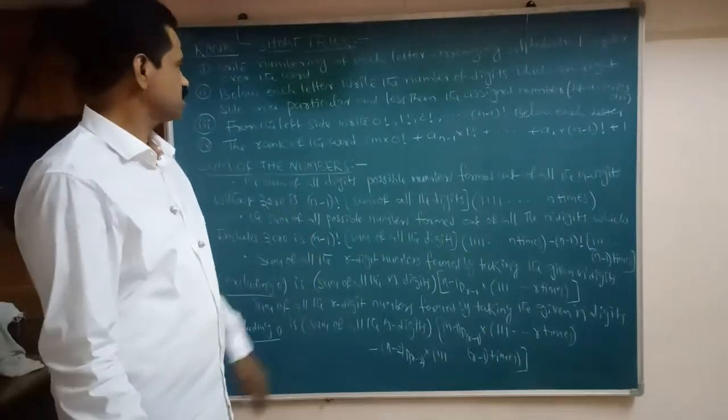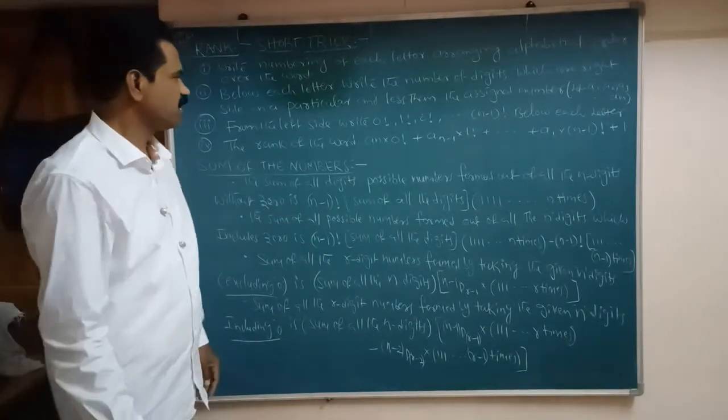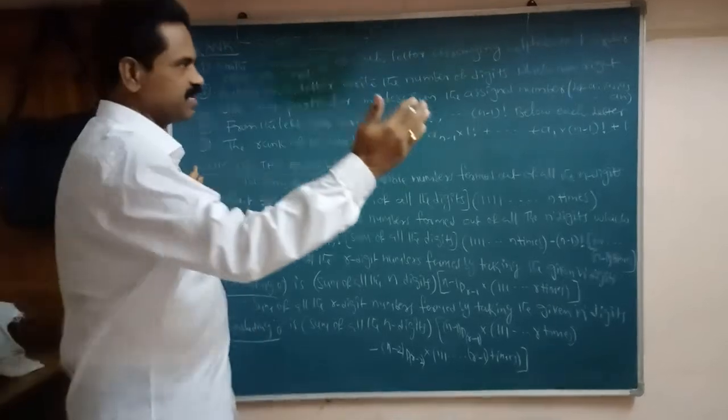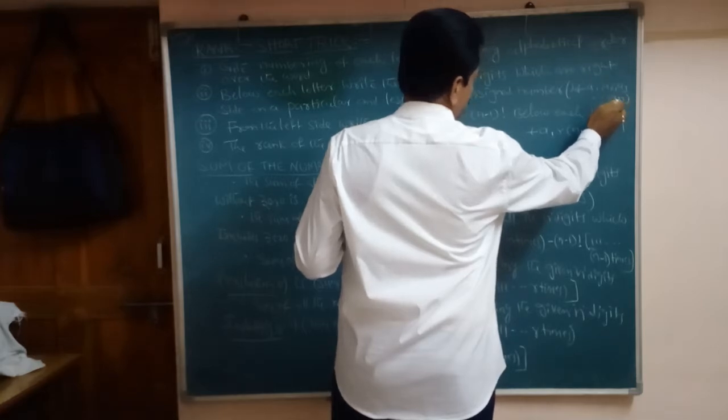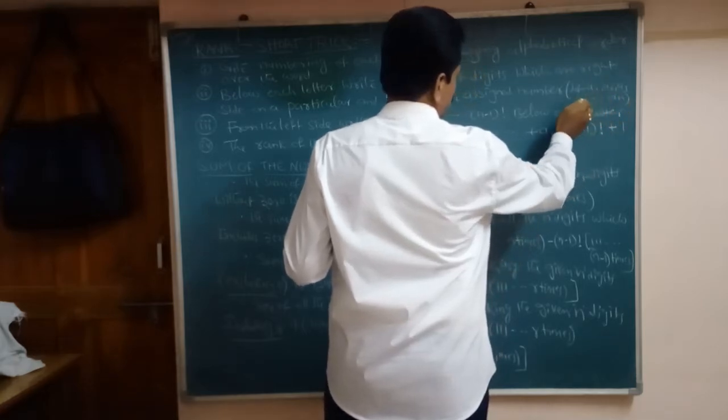Now we write that. Next, from the left side, this is A1, A2, A3, and from the left side onwards you take 0 factorial, 1 factorial, 2 factorial, 3 factorial, and so on.